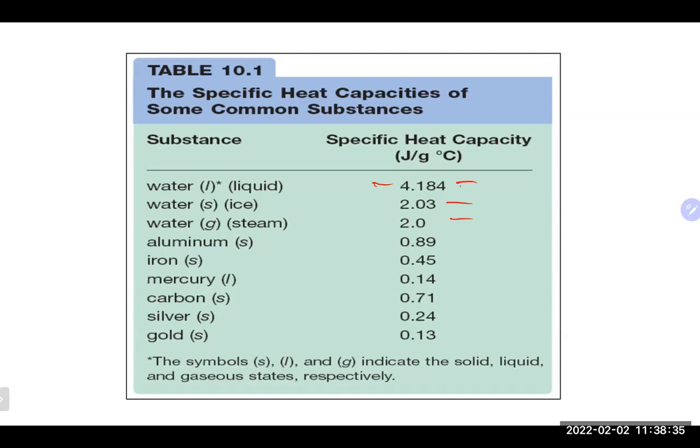So the larger the specific heat capacity, the more energy you would have to put in there to make the temperature change by 1 degree Celsius. So for example, gold, you would only need to put in there 0.13 joules per gram to get it to move basically 1 degree Celsius. Something like liquid water, you need to put in there 4.184 joules, right? A lot more energy to do that.